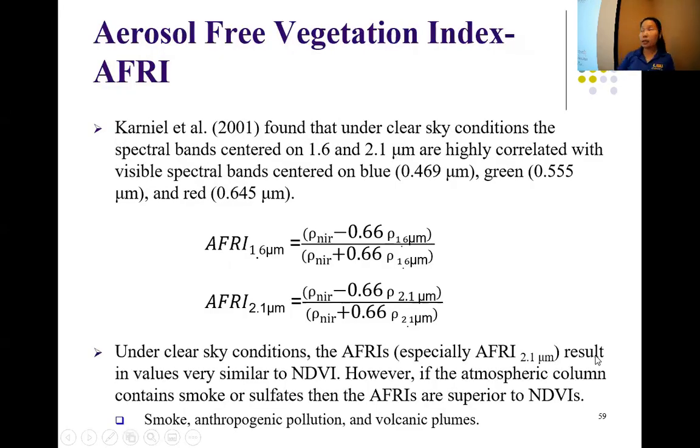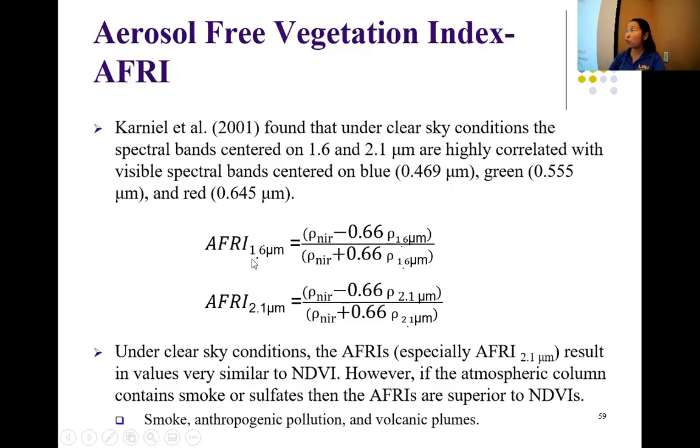And then the next one is called aerosol-free vegetation index. This method was published in 2001. They found that under clear sky condition, the spectral bands centered on 1.6 and 2.1 μm are highly correlated with visible spectral bands centered on blue, green, and red. Therefore, they provide two different forms of aerosol-free vegetation index.